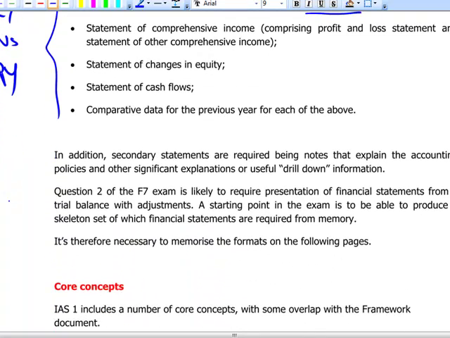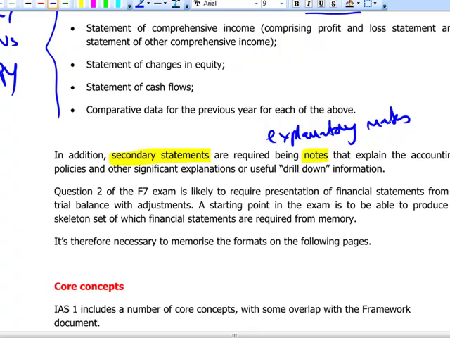In addition, there are secondary statements which are required, and these are the notes, or in other words, the explanatory notes, which will detail the accounting policies and other significant information required by different IFRSs.